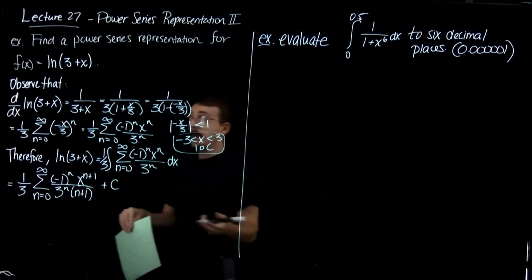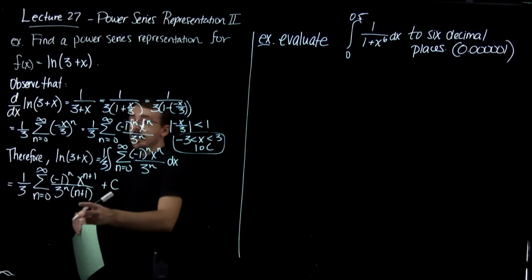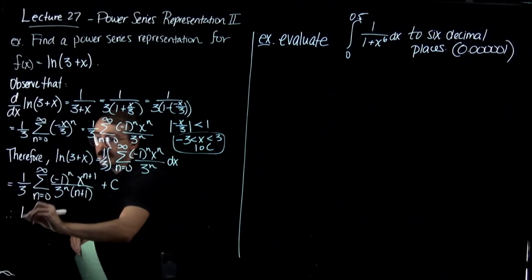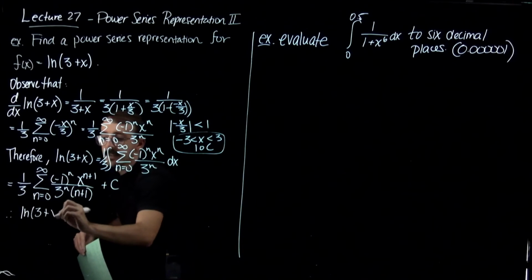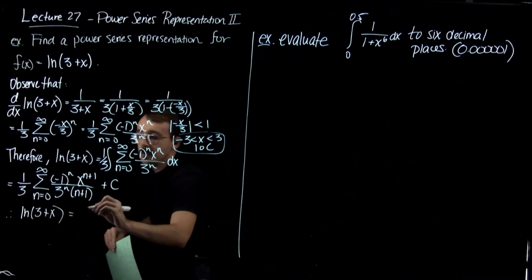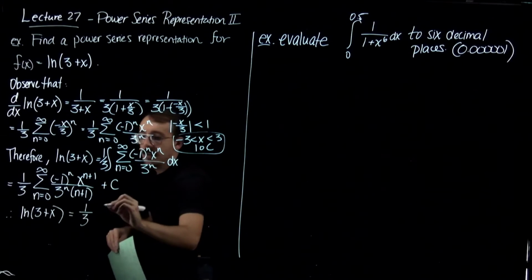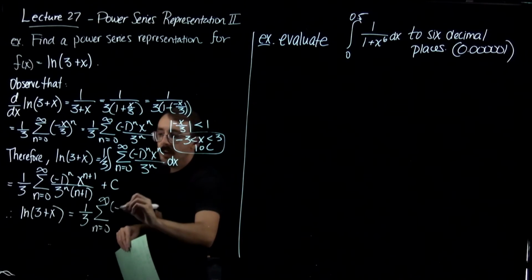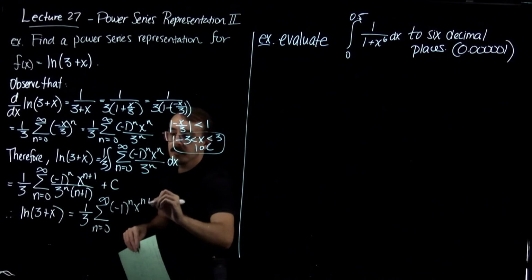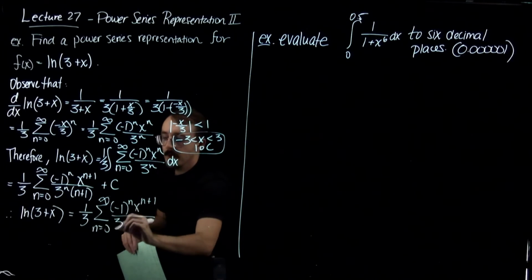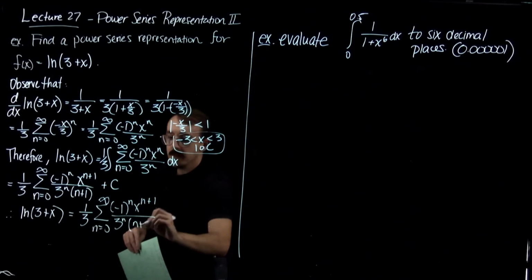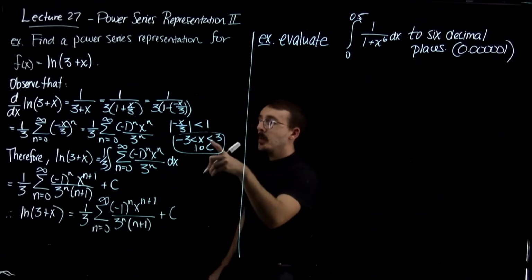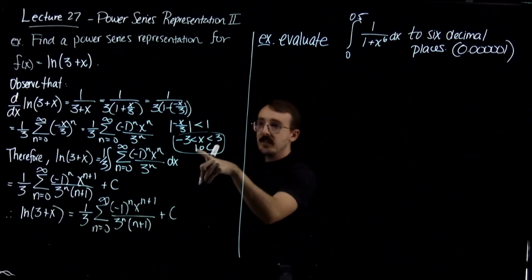Here's how I'm going to do it. What I know is that if I follow this whole chain of equalities, the log of 3 plus x is equal to 1/3, basically the last thing I got, n equals 0 to infinity of this series right here, over 3 to the n, n plus 1, plus c. I know that's true. This is valid within the radius of convergence here.